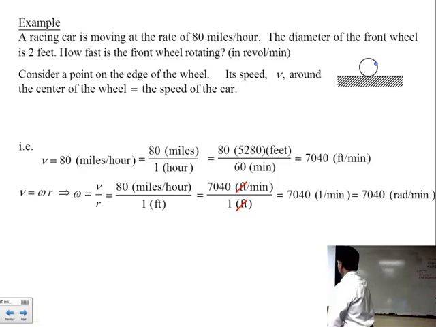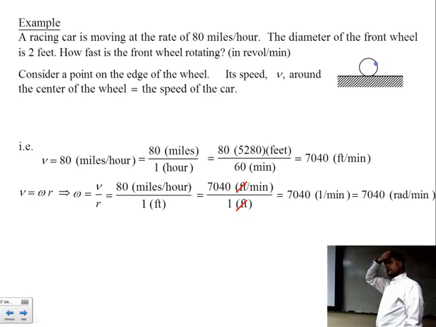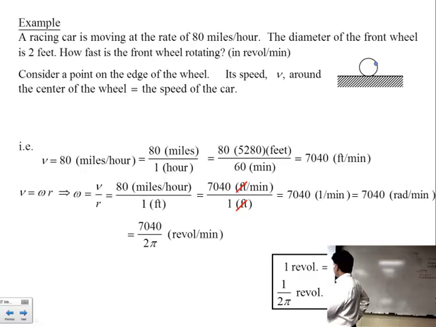Question? That's radians per minute. We wanted revolutions per minute. So we have to convert radians to revolutions. Well, a revolution is 2 pi radians. So a radian is 1 revolution divided by 2 pi. So we plug that in here, and we get 7040 over 2 pi revolutions per minute.